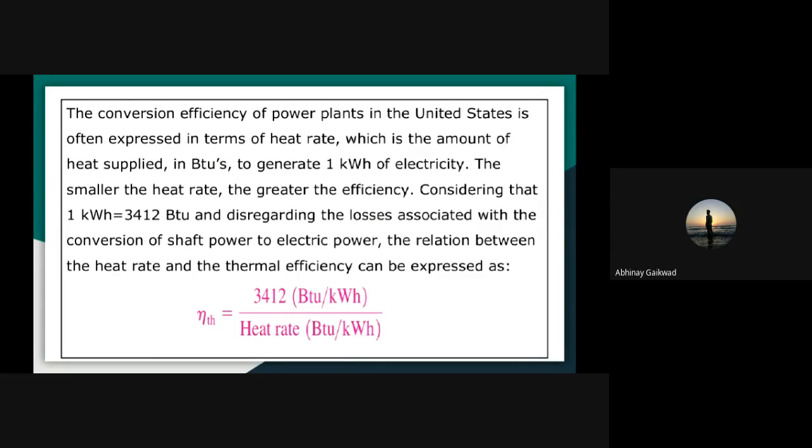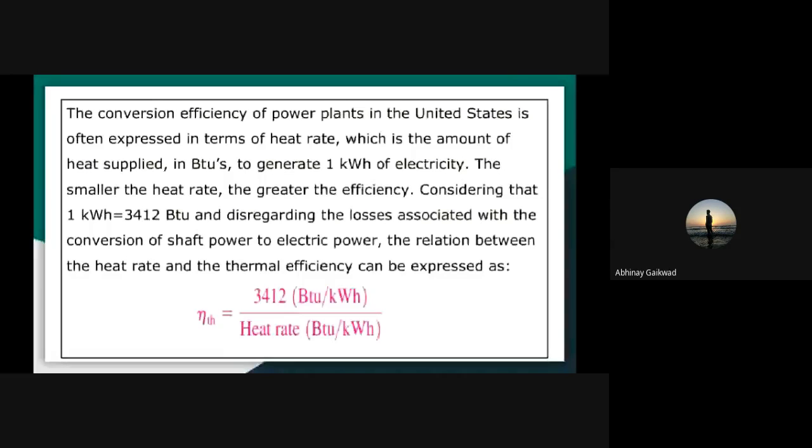You have to consider that 1 kilowatt hour is equal to 3412 BTU, disregarding the small losses associated with the conversion of shaft power to electric power in the generator, which we are neglecting. By taking the relation between the heat rate and the thermal efficiency, we can express the equation for our efficiency.